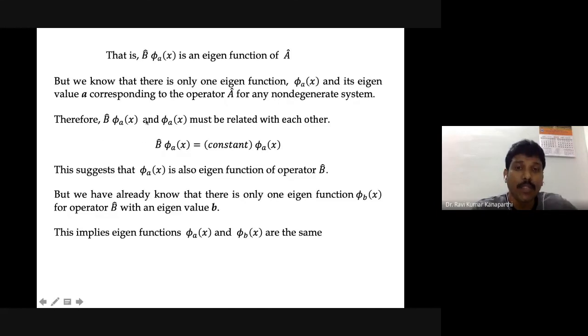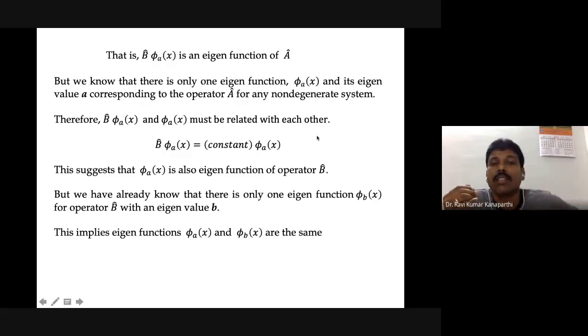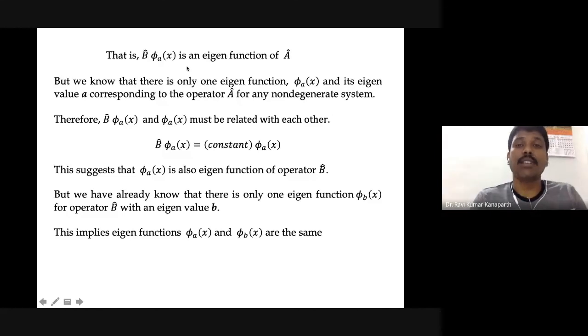Therefore, what I say is that B phi A of x and phi A of x must be related with each other, isn't it? What we got is that B phi A of x is an eigenfunction of operator A. But what we started with is that phi A of x is an eigenfunction of operator A, and when A operates upon it, we get the eigenvalue a and the eigenfunction back.